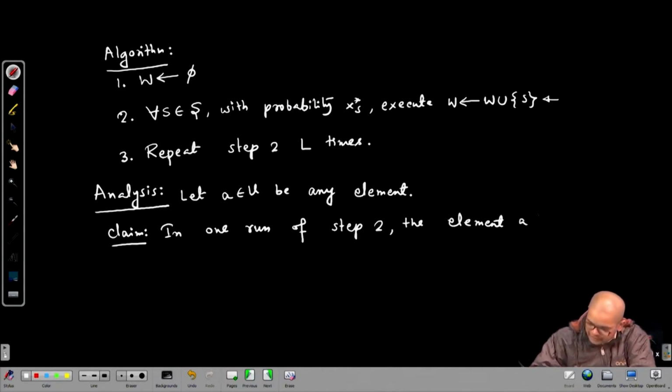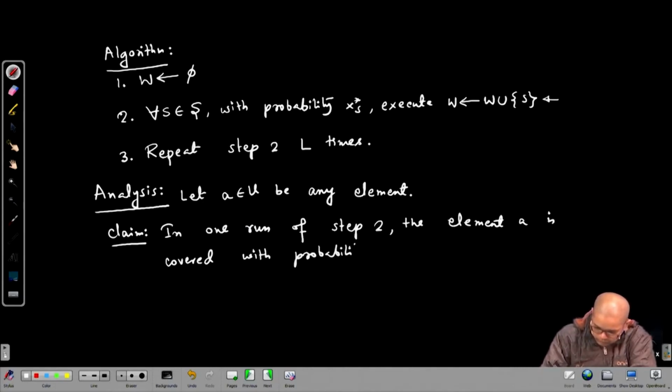The element a is covered with probability at least 1 minus 1 by e. Proof.